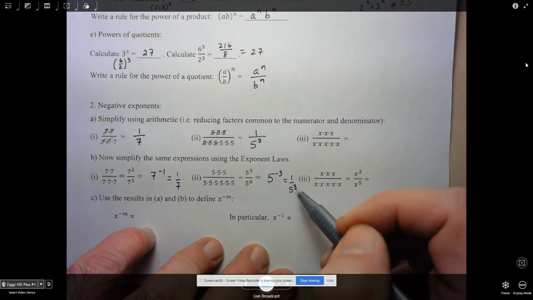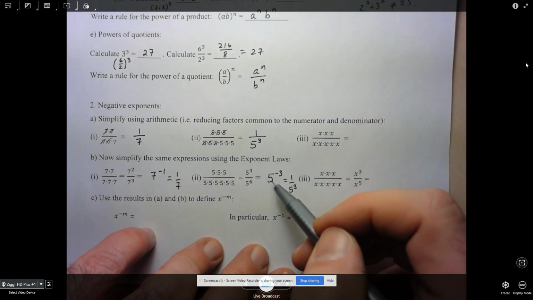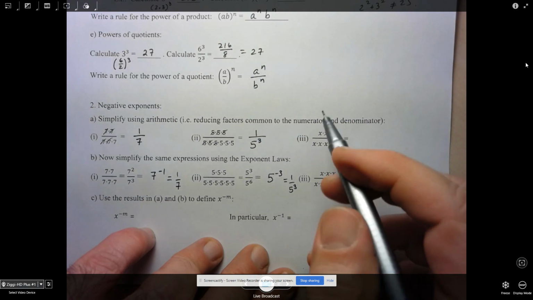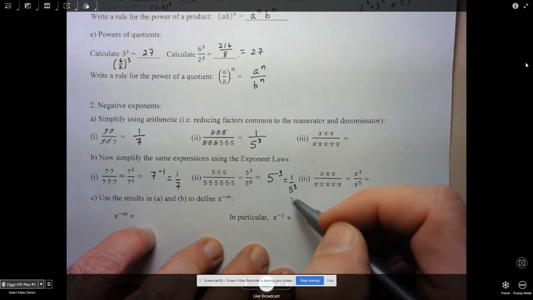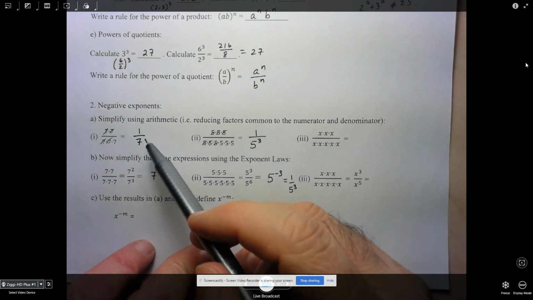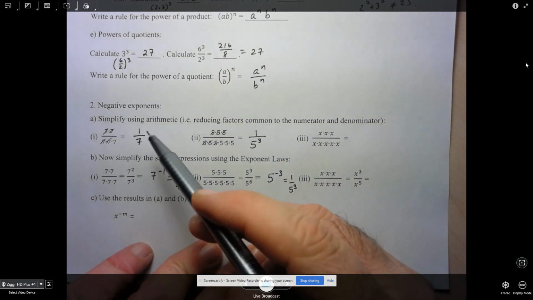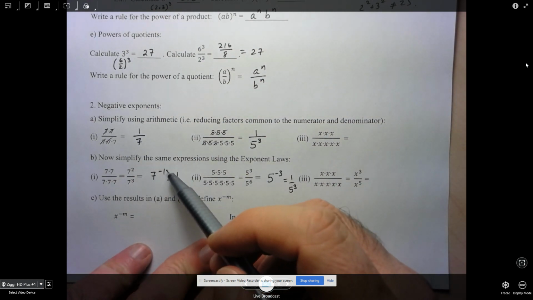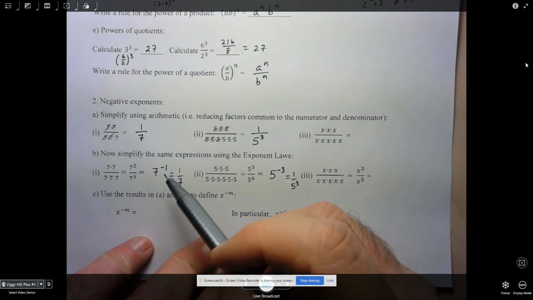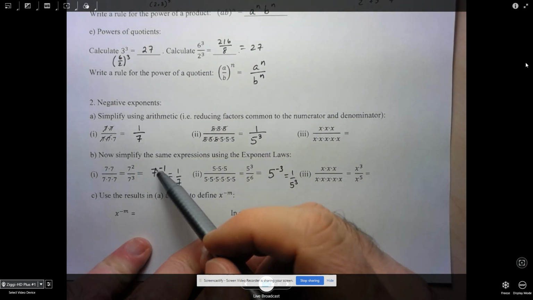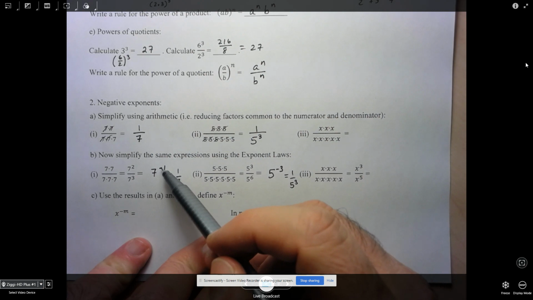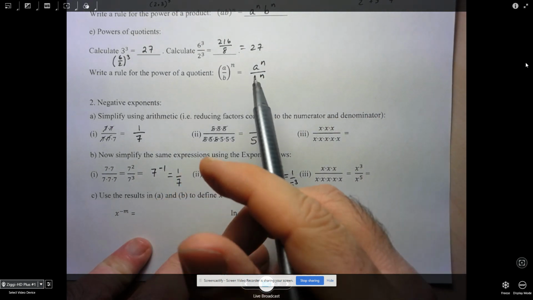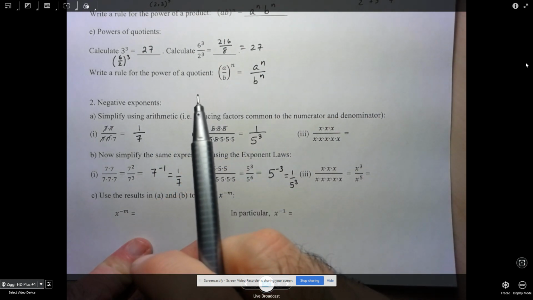The absolute value stays the same, but this 5 to the negative 3 becomes 1 over 5 to the 3. Very similar to what we had here. 1 over 7 was the same as 7 to the negative 1. So based on what we're seeing, it looks like a negative in the exponent has the effect of giving us the reciprocal of the base.